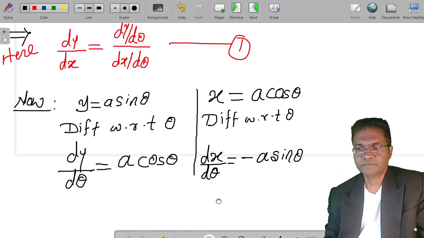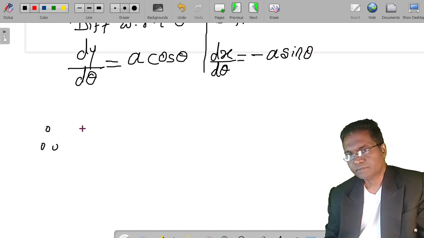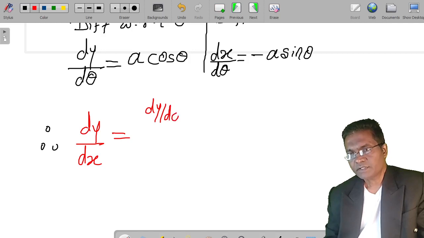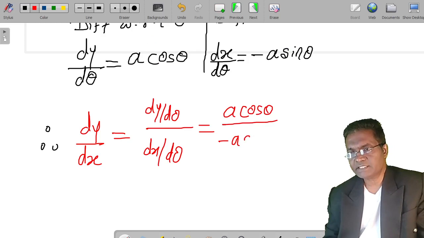Okay, so now we are interested in dy by dx, which is dy by d theta by dx by d theta. Substitute, it is a cos theta here, and here it is minus a sine theta.